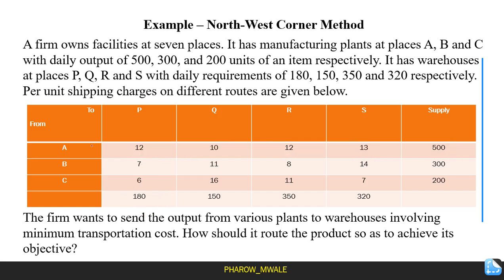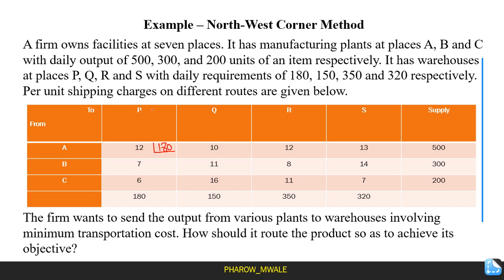So remember what we said, we allocate the lesser one in the cell. So we are going to allocate 180 units in cell X11, the first cell here. So we can draw something like that, and then let's allocate 180 there.